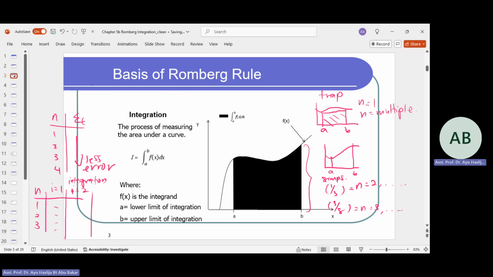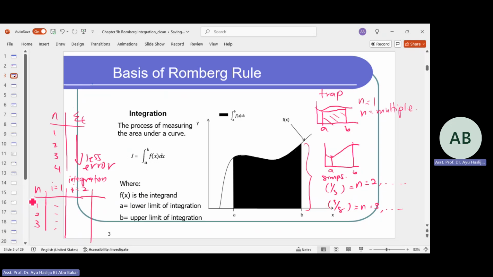Second level, and later on you will see the third level. Again, I differentiate Simpson and trapezoid last time, we went vertically. Romberg, we go sideways to reduce the error.